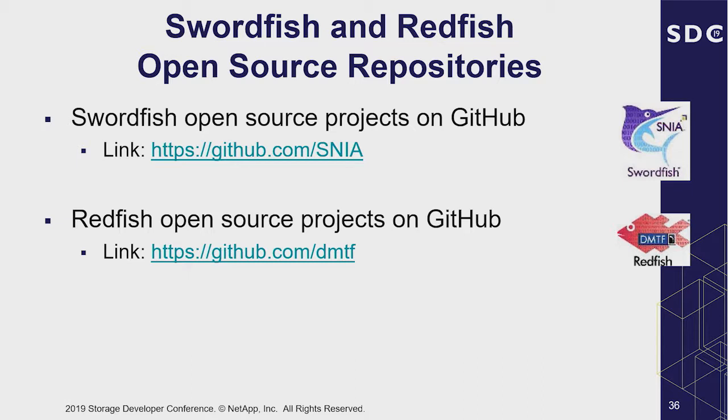So, well worth looking at the DMTF open source site, and ours is growing. That's specific to Swordfish. And the way open source works is it will probably become less and less specific to Swordfish and more useful to the fish world in general, Redfish as well as Swordfish.